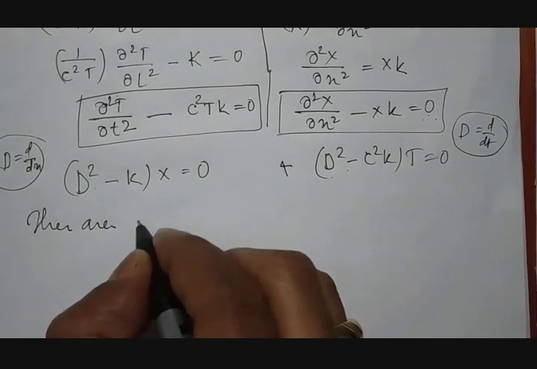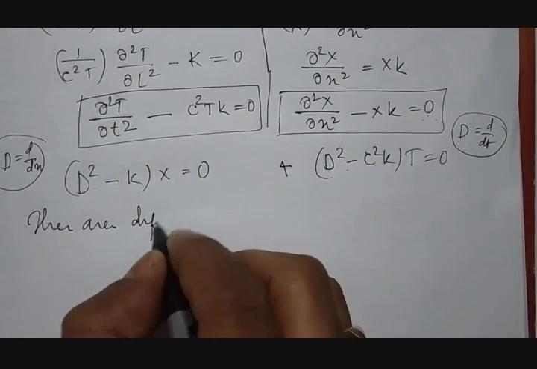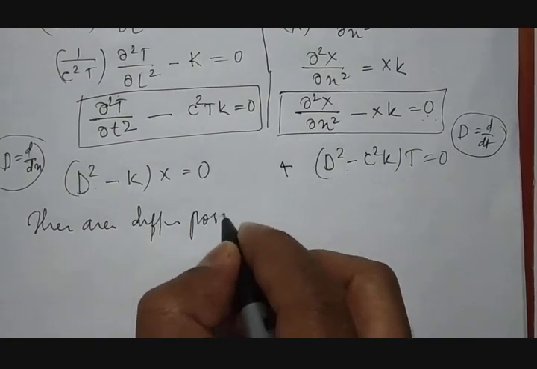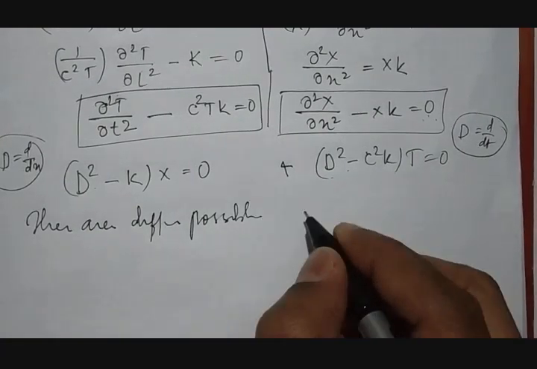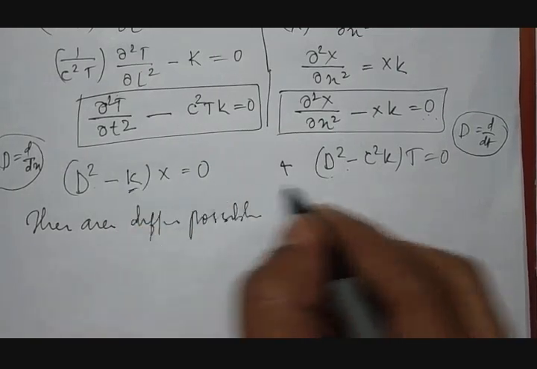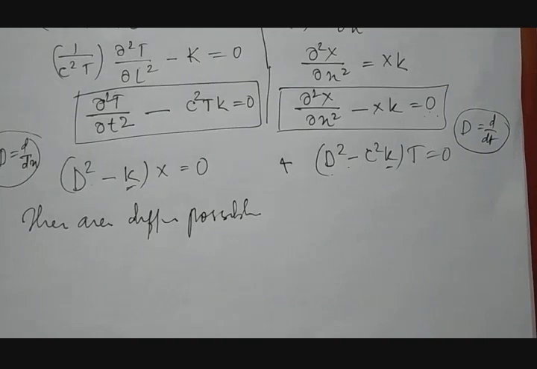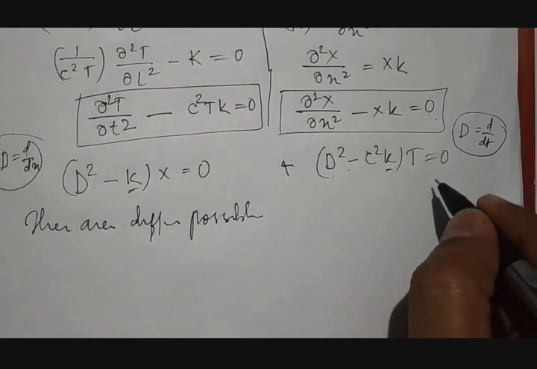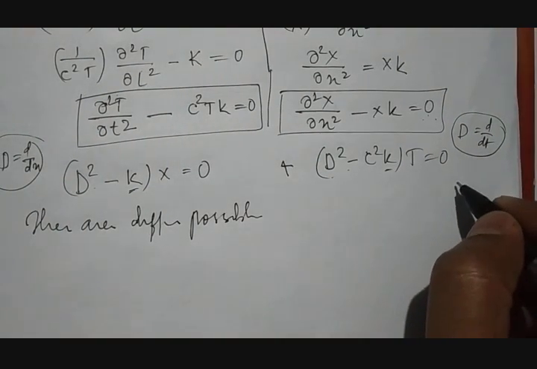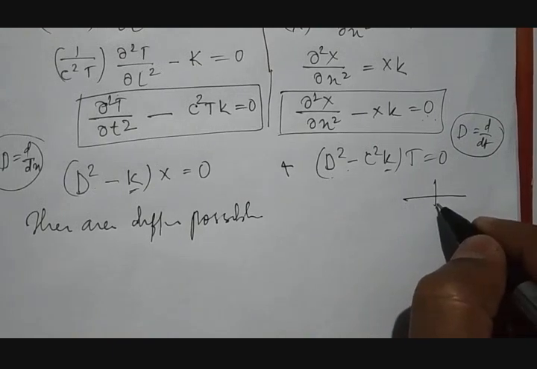There are different possibilities. What are those possibilities? Because everything depends on this k. K is a constant, so we don't know what it is. Whenever you plot a graph, there are three possibilities.